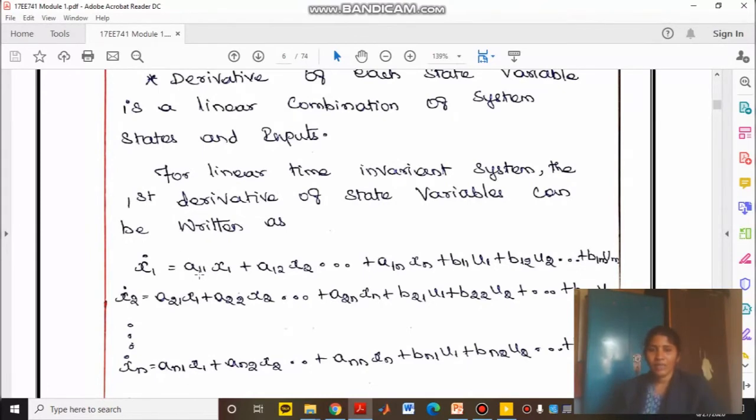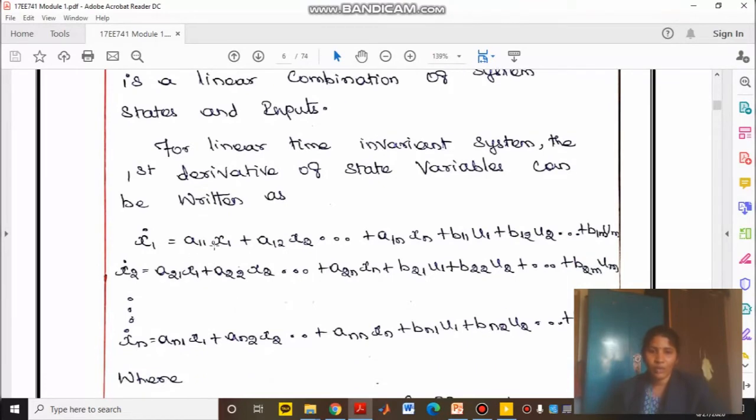It means that it is for a linear time invariant system, so with respect to time, your parameter is not going to change. So we can write it as a11, that is the constant towards x1, constant towards x2, constant towards xn. Same thing, constant towards your u1, constant towards your u2.